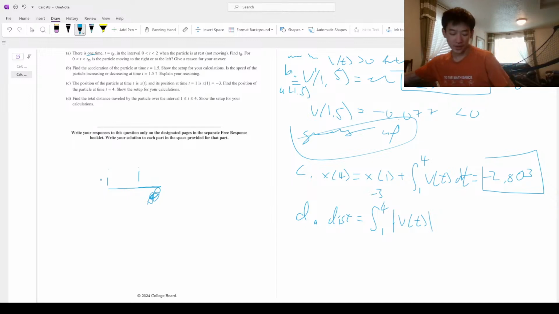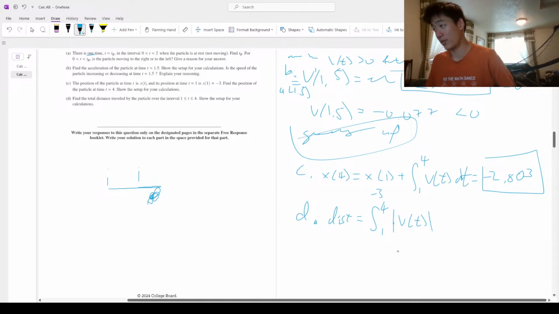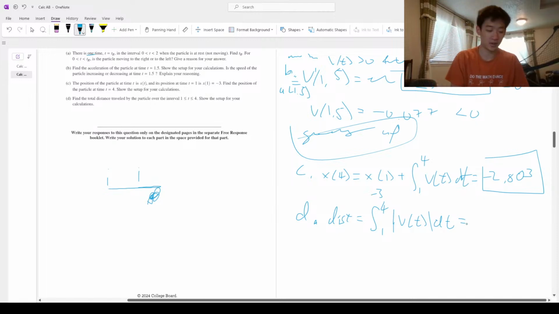But ultimately, you're doing the absolute value of the velocity, and this is the correct answer. You need to take the absolute value of the velocity to get the speed, and in your calculator that works pretty nicely. Okay, that's the end of my absolute value yapping.